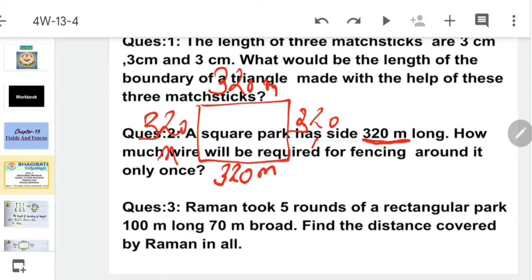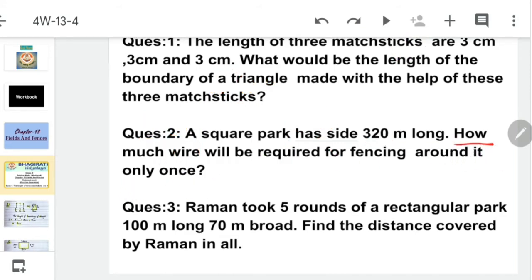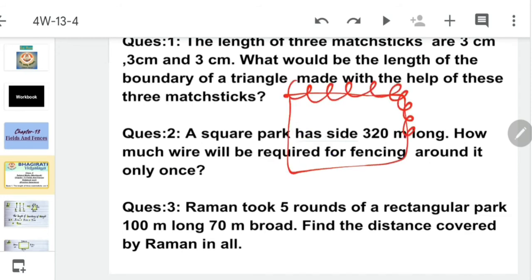So how much wire will be required for fencing around it only once? Fencing means we have to place wire around its boundary, and we have to find how much length of wire we will need to fence around it for only one round.